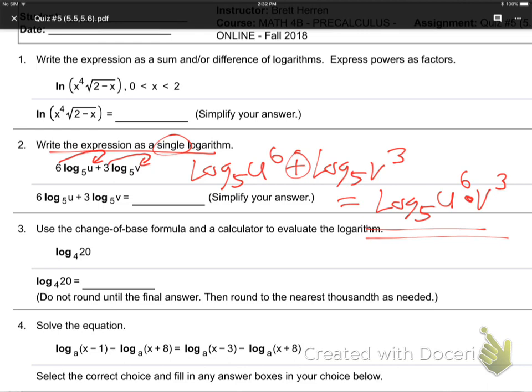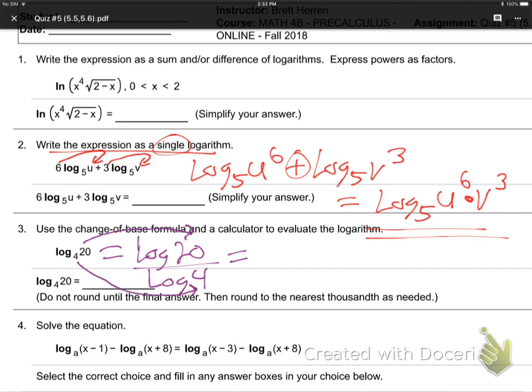Use the change of base formula. So how do you do this? So we learned that the top one goes top, and the bottom one goes bottom, like that. And then they want us to hit the buttons on our calculator. So the one that's higher up goes higher up. The one that's lower down goes lower down.